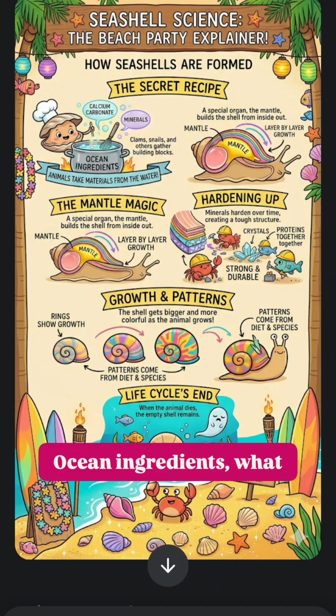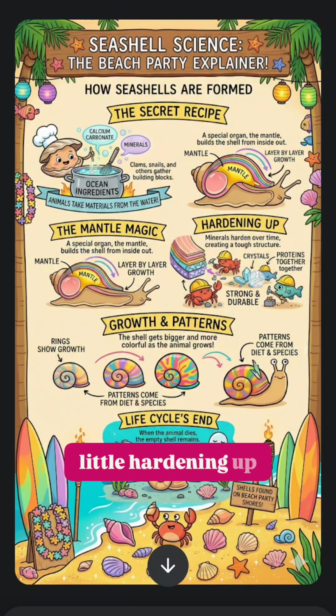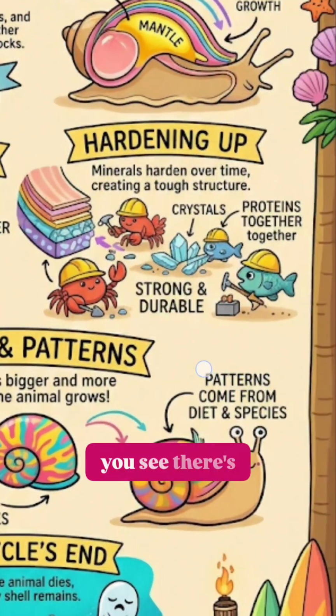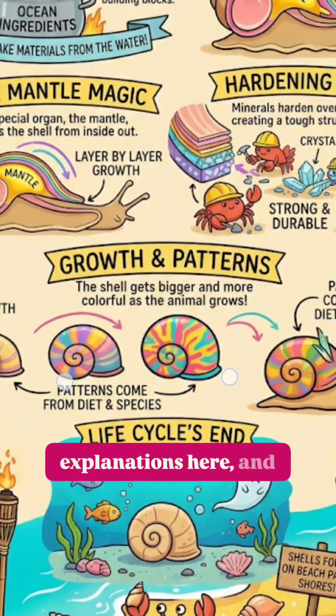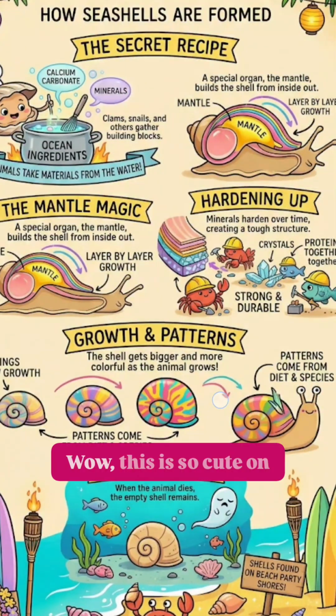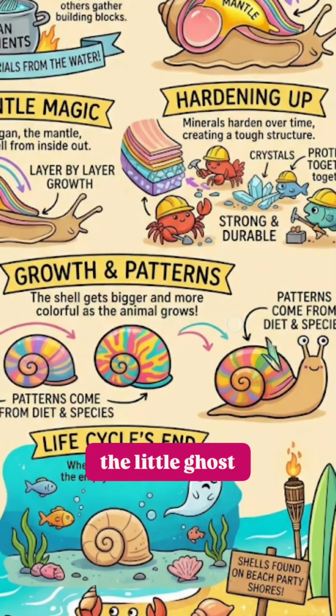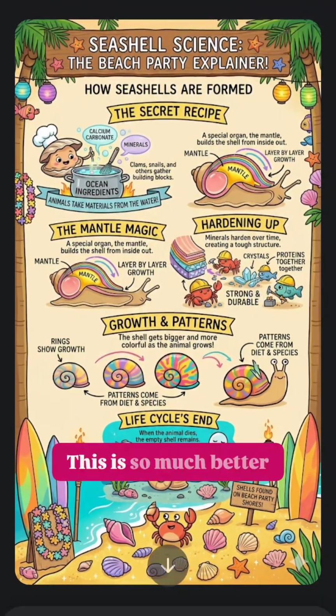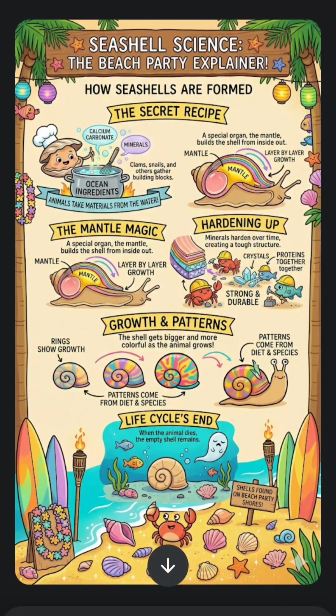Ocean ingredients, what it puts in, the carbonate and minerals, and then the layering of the shell itself. This is so cool. And the little hardening up. Oh, you see there's explanations here and growth patterns with tie-dye. I love it. Wow, this is so cute. And the little ghost. Oh, this is so much better than I expected.